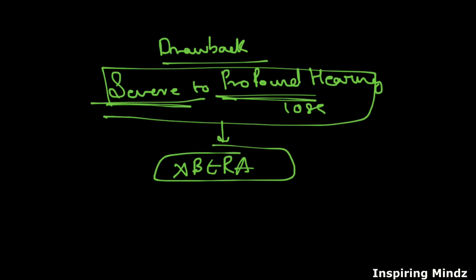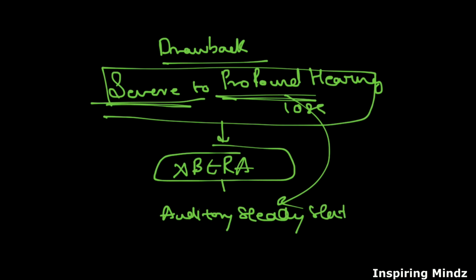Okay, so what can we use in the patients of severe to profound hearing loss? We can use another test, that is auditory steady state response. So what is this auditory steady state response?